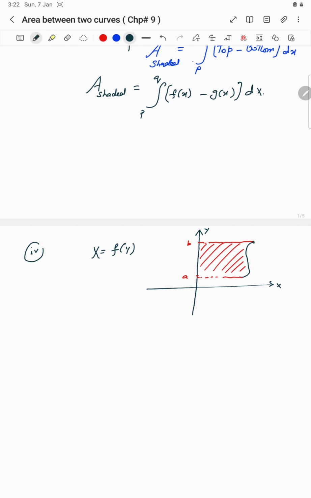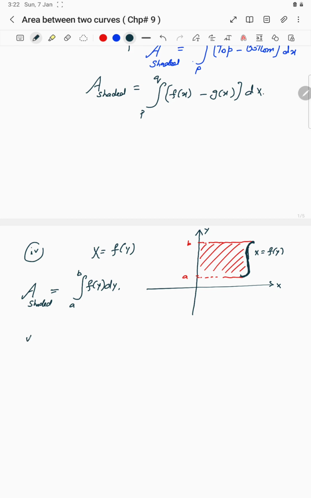I'm making the curve a little bold for you guys. This was the curve, x equal to f of y. So here the shaded area for this case will be the integral with limits along the y-axis a to b, f of y dy.